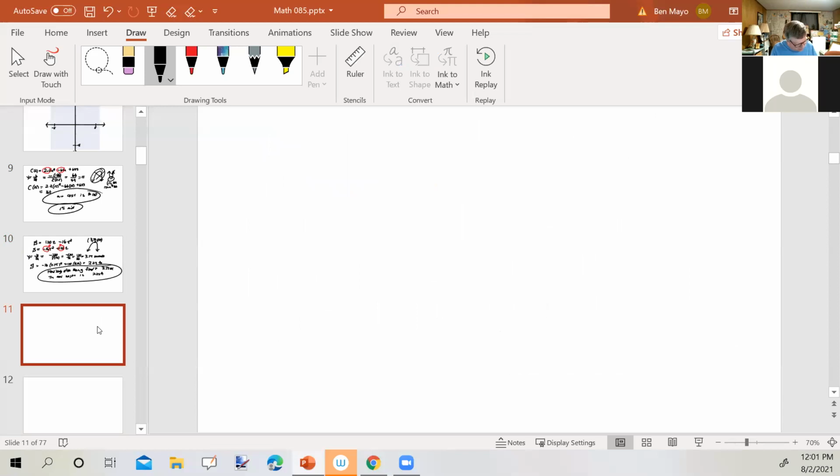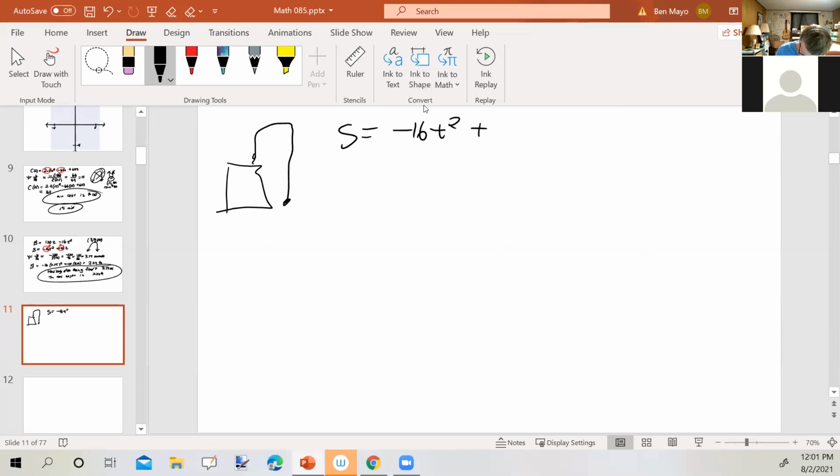A ball is thrown straight upward from the top of a building with an initial velocity of 32 feet per second. So we've got this building, this ball gets thrown. Okay. The equation S equals negative 16t squared plus 32t plus 48 gives the height S of the ball in feet t seconds after it is thrown.